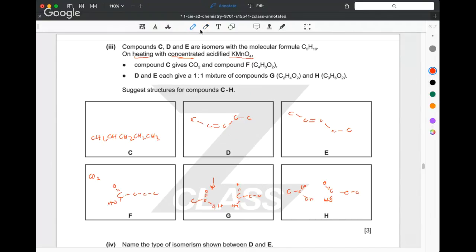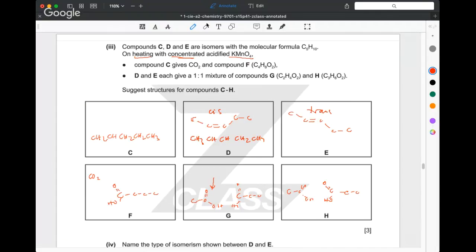And for this one here, you've got CH3, haven't you? Then you've got CH, then CH, and then you've got CH2, and you've got CH3. Strangely enough, the mark scheme gives the structural formula, but it's asking to know that this is on the same side here, so that's cis, and this one here is trans.